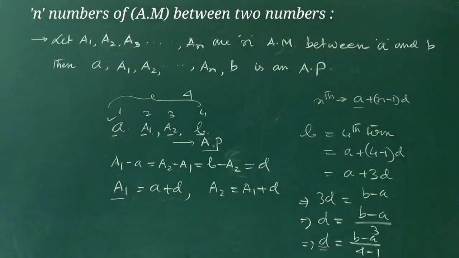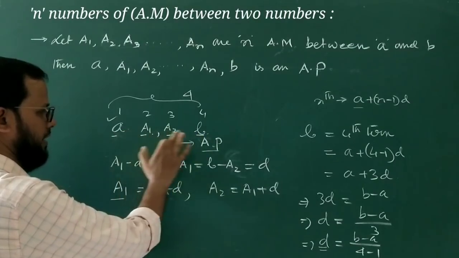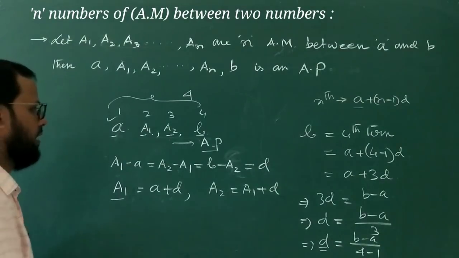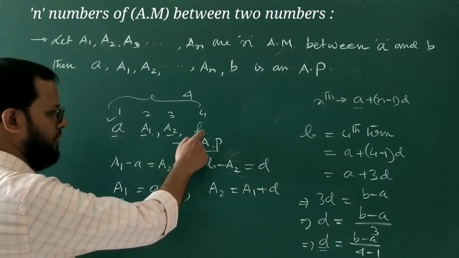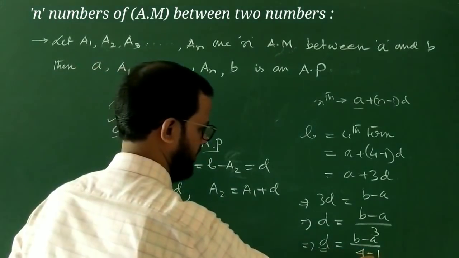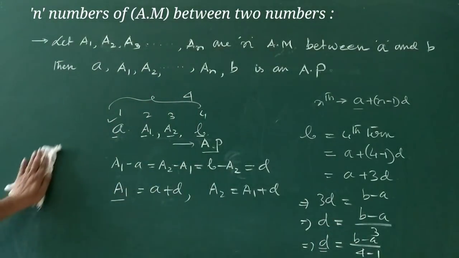Ultimately, if A1 and A2 are any two numbers and these 4 numbers form an AP, the common difference is equal to B minus A divided by the number of terms minus 1. The number of terms is 4. Understood?